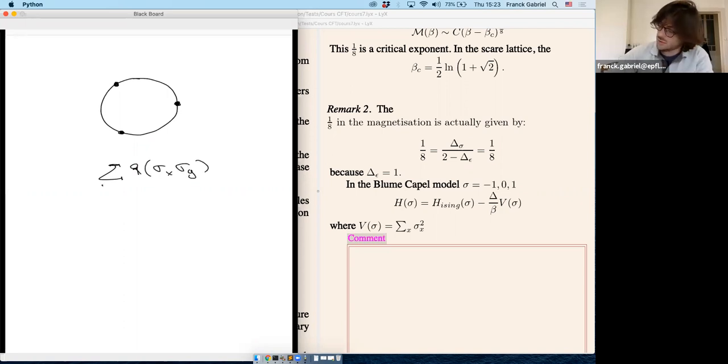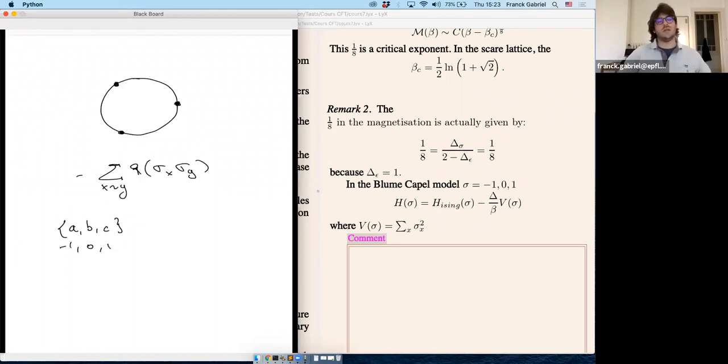Okay, so the Hamiltonian will be something like that. So again, it's a Hamiltonian where the spins tend to align. Okay, but now you have still 1, minus 1 and 1, j and j bar. Okay, and you can see that in fact it's equivalent to considering just spins with values a, b, c. So let's say minus 1, 0, and 1.